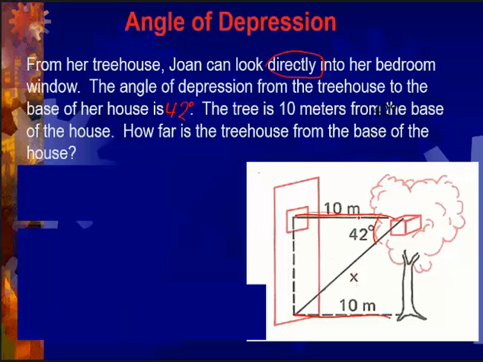So we have parallel lines cut by a transversal. How many degrees would this be? Alternate interior angles, that would be 42 degrees. Not that we need that information, just refreshing your memory of everything we've learned this year. So now we have our right triangle.